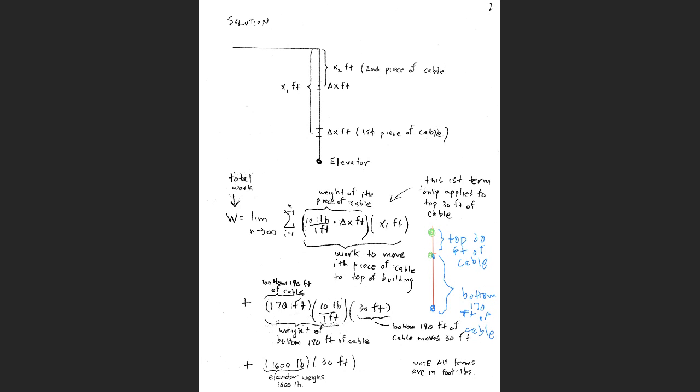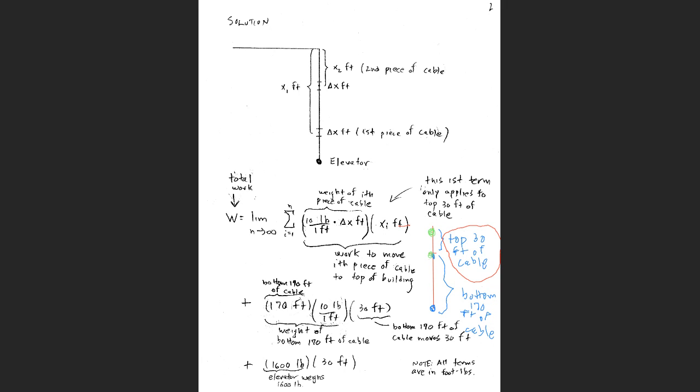Now, to move the elevator 30 feet, the cable has to move 30 feet, right? Because the cable's attached to the elevator. So the top 30 feet of cable, does it need to reach the top of the building in order to move this elevator?